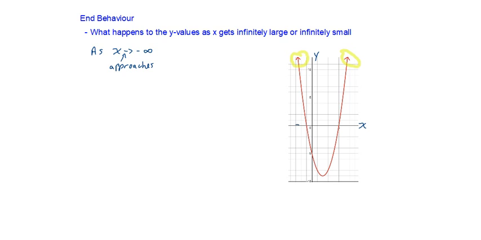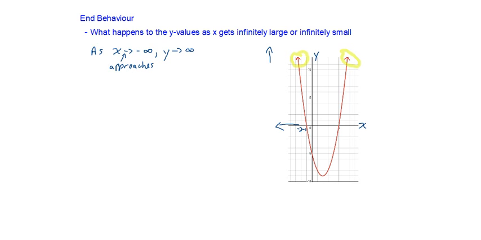As x is going this way, what's happening to the y values? Well, the y values are continuing to go this way. This is the negative side, right? We've got -1, -2, and so on. So as x approaches -infinity, y is approaching +infinity. The y values are going up forever.